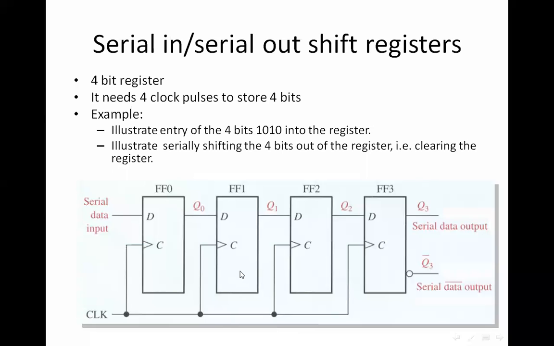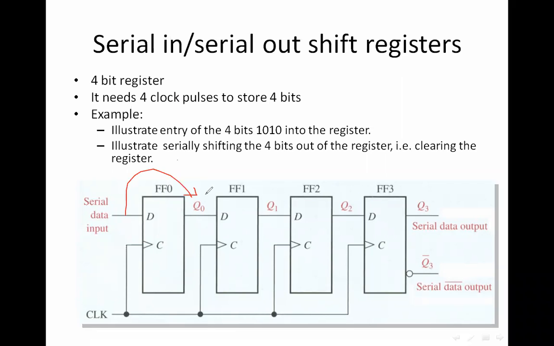Because it's moving one after the other. Correct. It's moving one after the other. So because of which I cannot send data in parallel mode. Data is just going bit after bit. So after 4 clock pulses, it can reach the final flip-flop. After the first clock pulse, it reaches here.